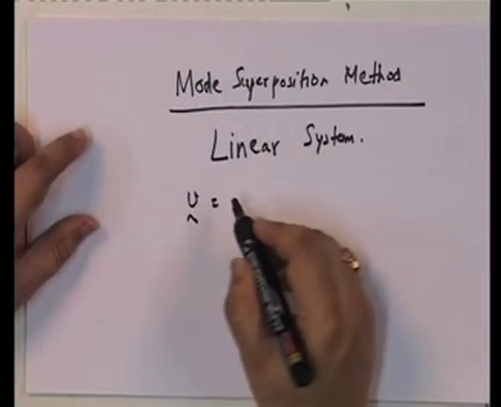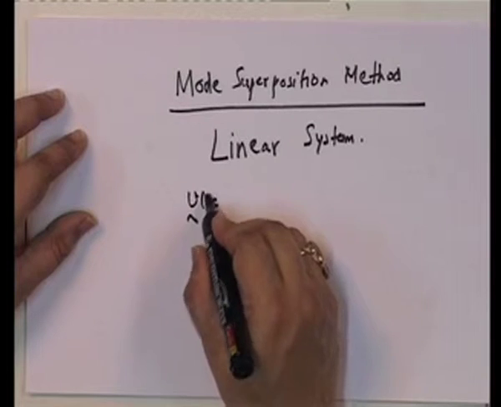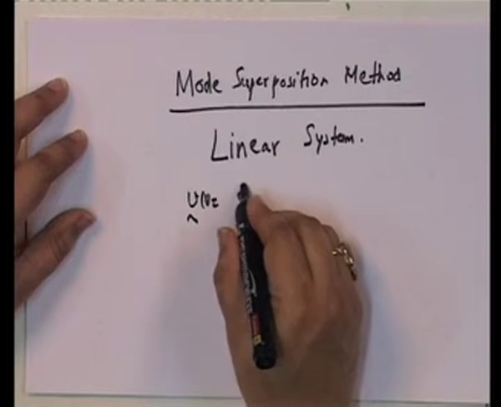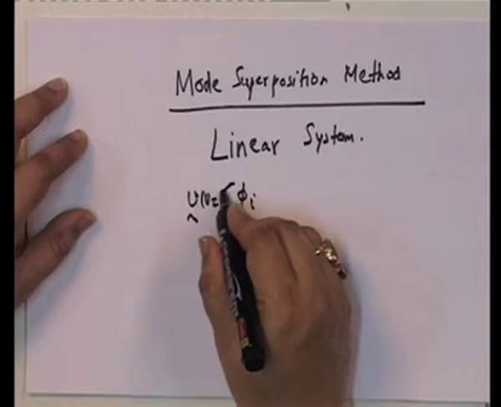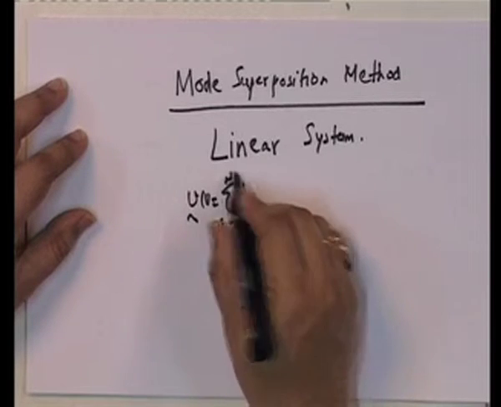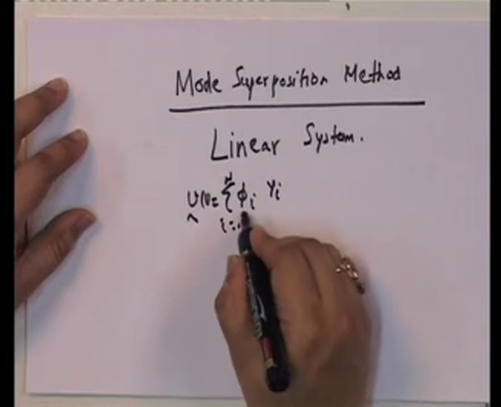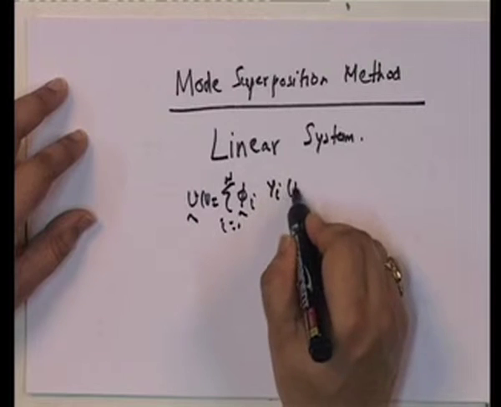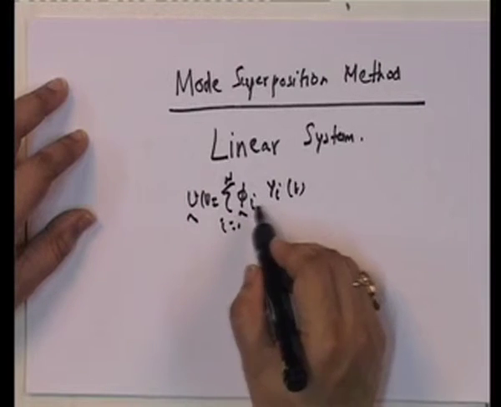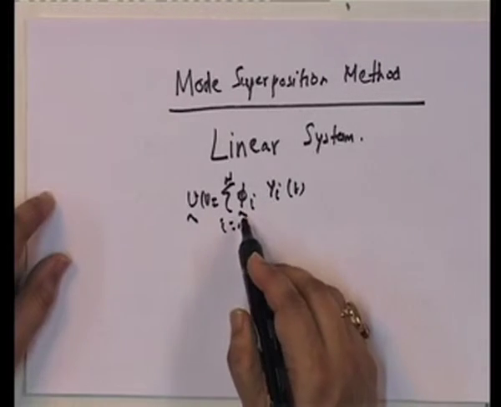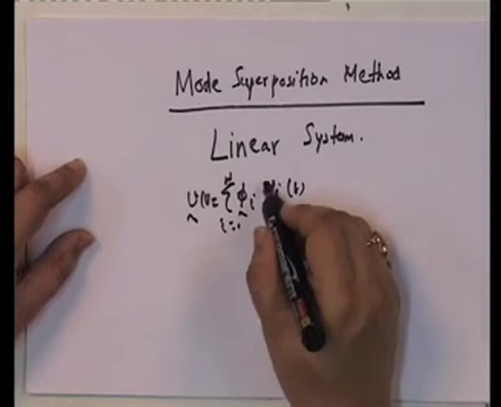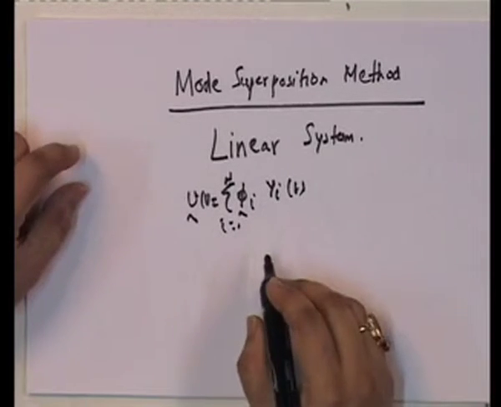Okay. So, what is the mode superposition method? The mode superposition method is based on the fact that any displacement quantity in time is given by the sum of phi i times y i, with i going from 1 to n. This is your mode superposition, where phi i is a mode shape which is time independent, and the modal amplitude is time dependent.